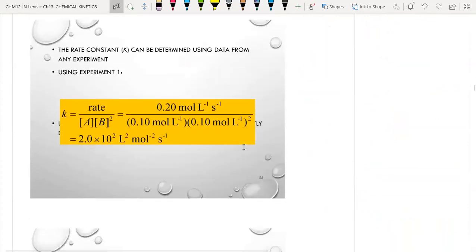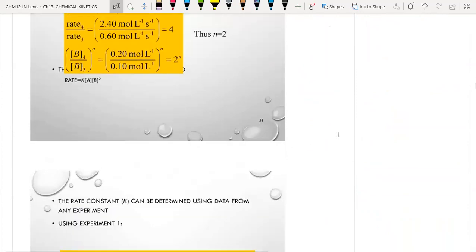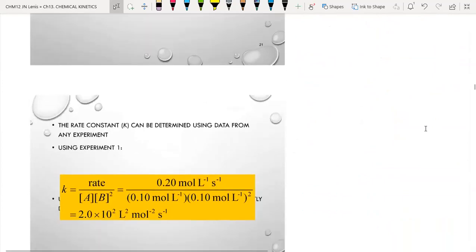All right, that's how you write the rate laws, and that's how you find the order of the reaction, and that's how you do critical thinking, analyze information from that rate law.